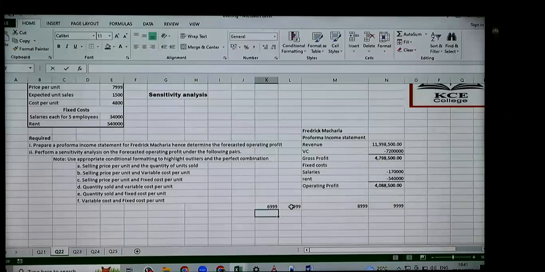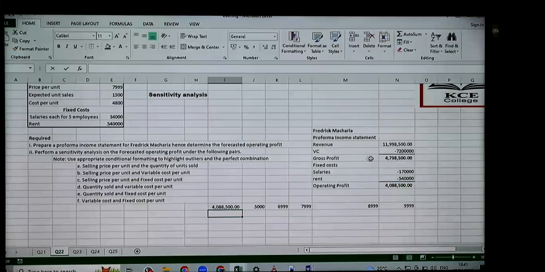It can be even 5,000 here. The interval doesn't have to be the same, but here you must link the operating profit. You link it directly, and remember that here I'm not hard typing it in. If you can see the revenue here, it's linked, because when we come to do sensitivity analysis, for the table we'll select from here.